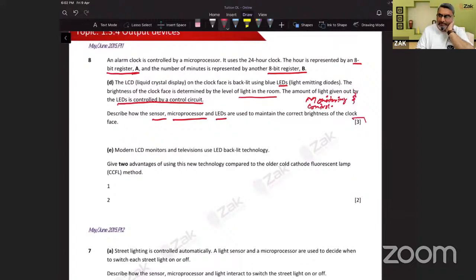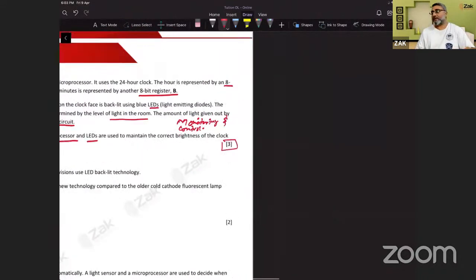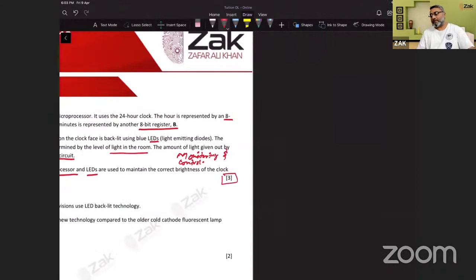All right, this is just a 3 marks question, so we don't have to write a lot. As I said, such questions are very commonplace. They will always appear, so you have to be very much prepared for it. So we have got a sensor that acquires data from the environment and sends it out to the microprocessor. Since the data is in analog form, it is converted using an ADC, analog to digital converter, into digital form, then it reaches the microprocessor.